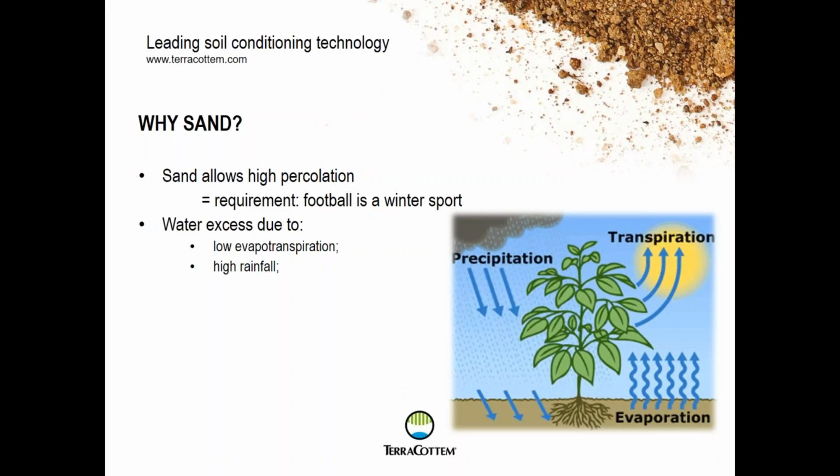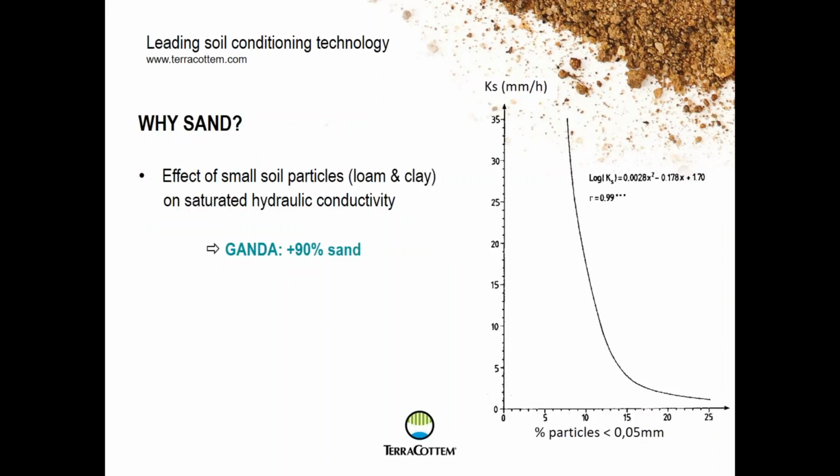Also, temperature is rather low, so evaporation is low, and we have high amounts of rainfall. And because of global warming, this is even more and more true now. We get drier summers and wetter winters. So we need to get rid of this water. That's why we use sand.